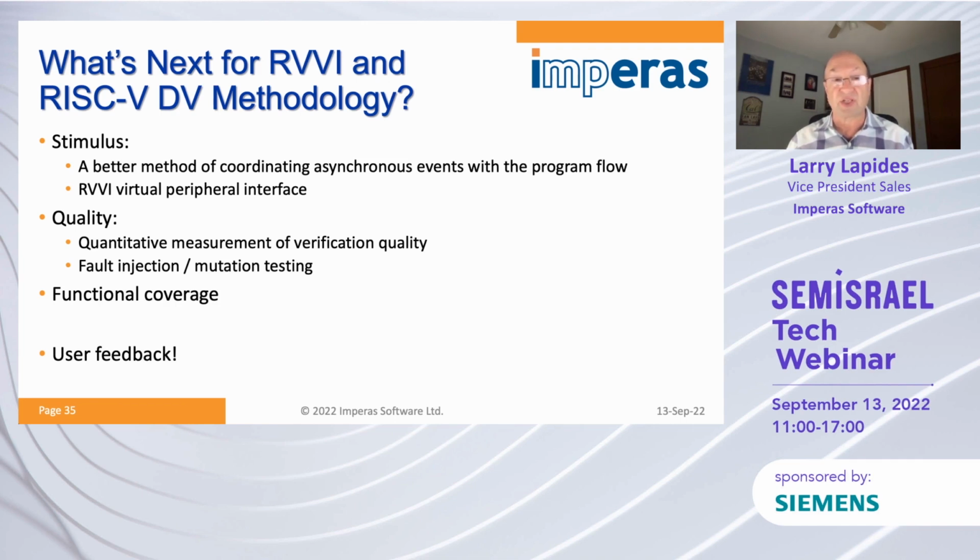Quality of the verification environment is important. So adding in quantitative measurement of the verification quality using fault injection and mutation testing. Functional coverage, so building on those initial functional coverage libraries. And of course, user feedback is important.